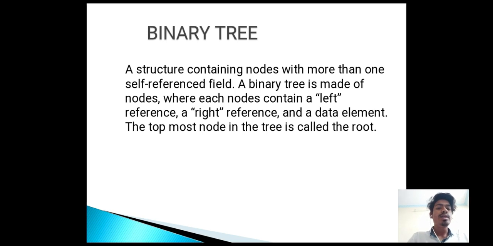A binary tree is a structure containing nodes with more than one self-referenced field. A binary tree is made of nodes, where each node contains a left reference, a right reference, and a data element.